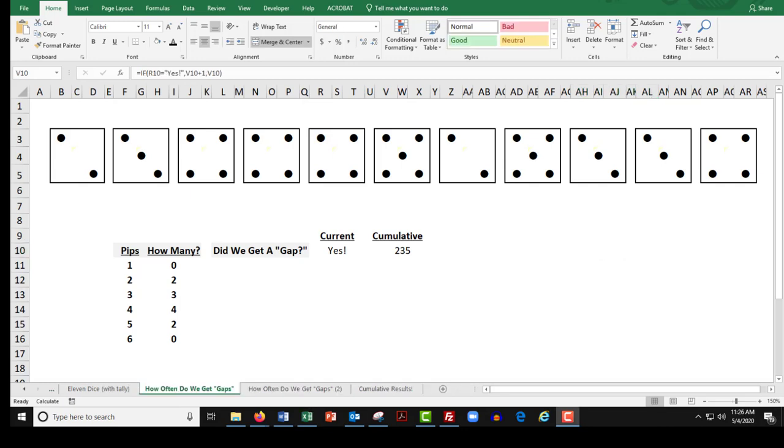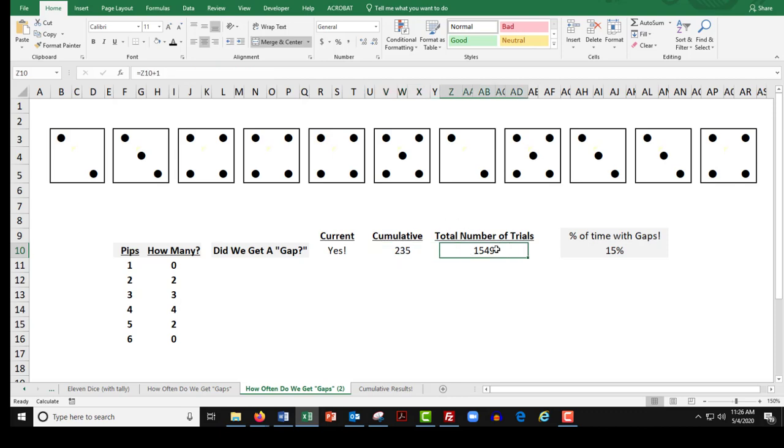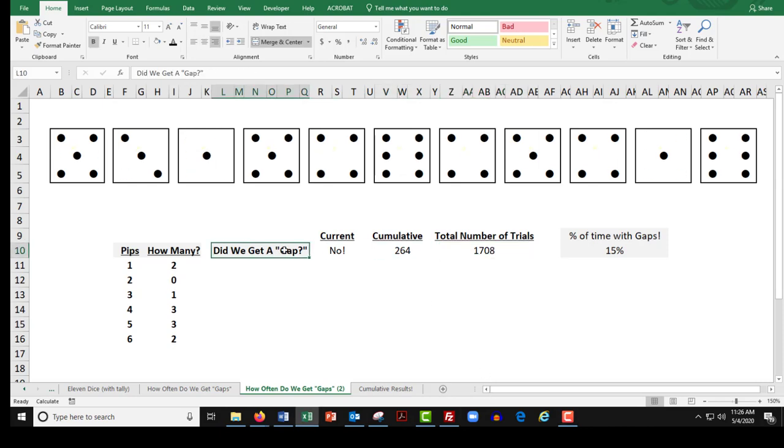The best way to look at these results is to make sure you define your variable well, and when you're talking about the occurrence of something, make sure you measure the results against the totals. That's the only way you're going to get an accurate look at what's actually going on. Now, you might take issue with the fact that I defined a gap as 2 or more.